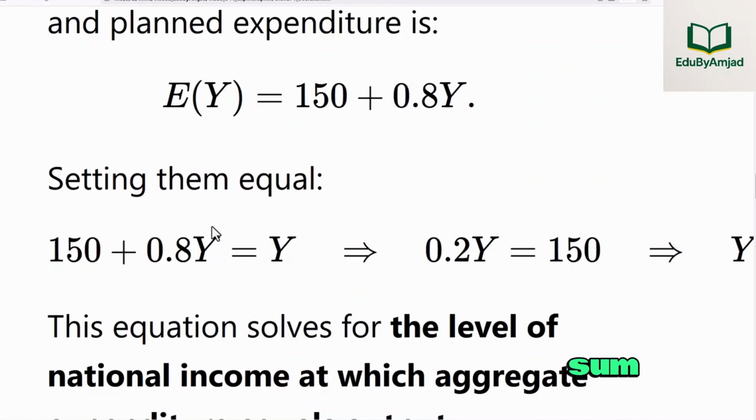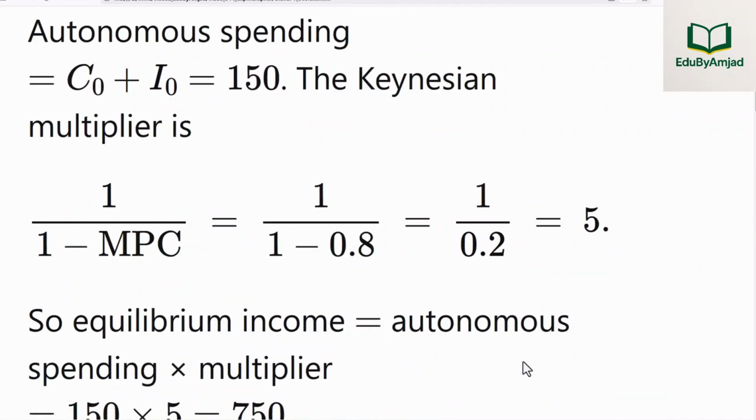Next, we set the sum of autonomous spending and induced consumption equal to national output or income. We then calculate the expenditure multiplier, which is the reciprocal of the MPS. Since the MPS is 0.2, the multiplier becomes 1 over 0.2, which equals 5.